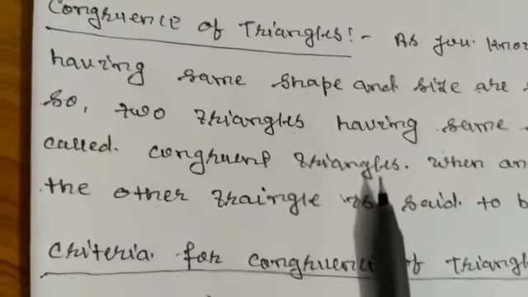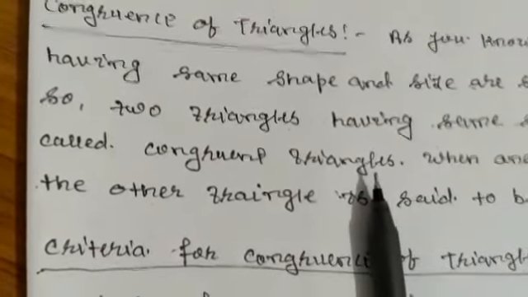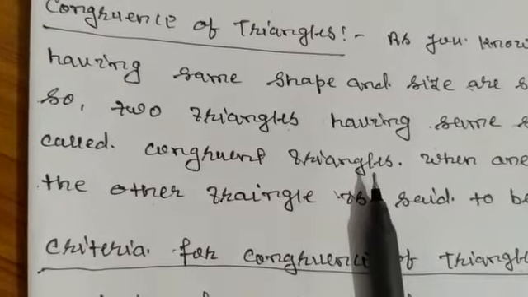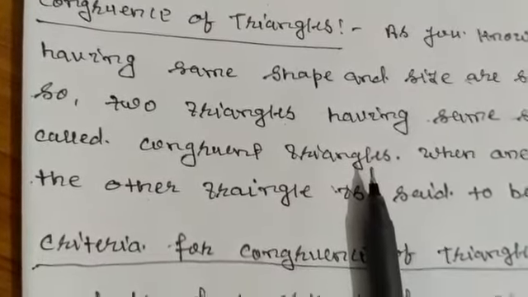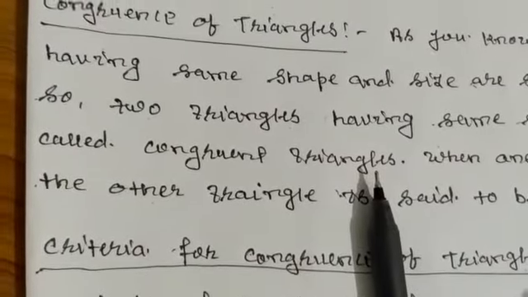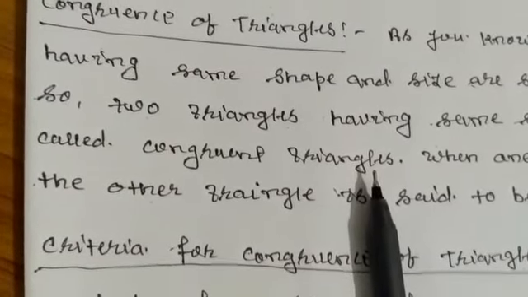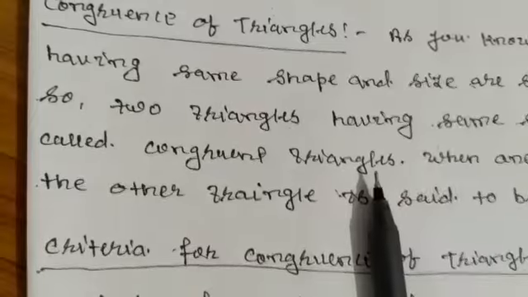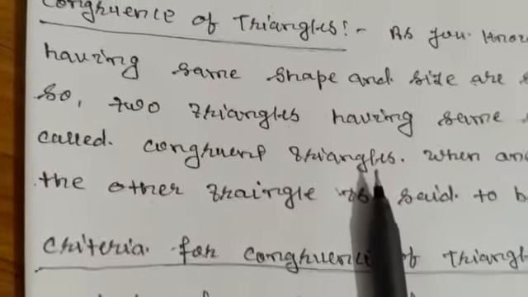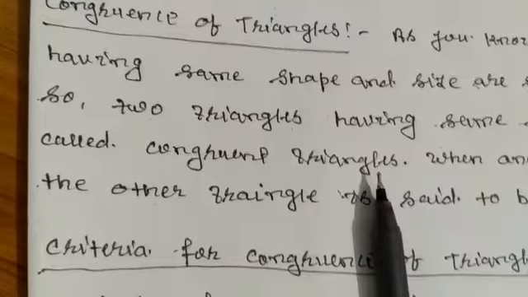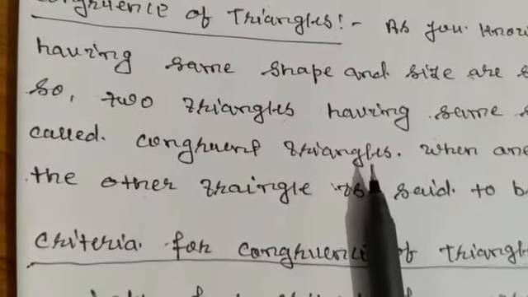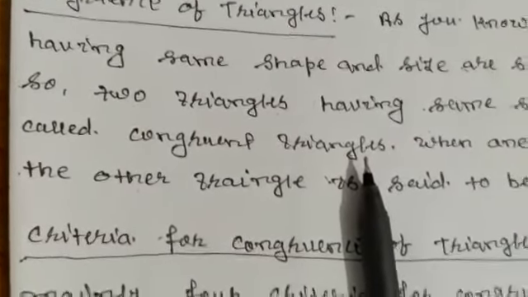Triangles consist of sides and angles only. So two triangles are said to be congruent if their corresponding sides are equal and their corresponding angles are equal. When two triangles have the same shape and size, that is the same side lengths, then they are said to be congruent triangles.